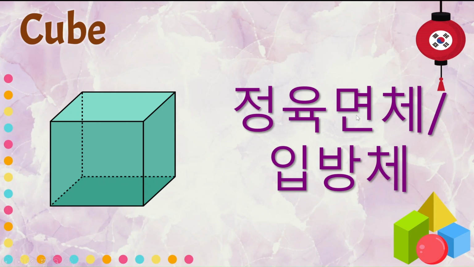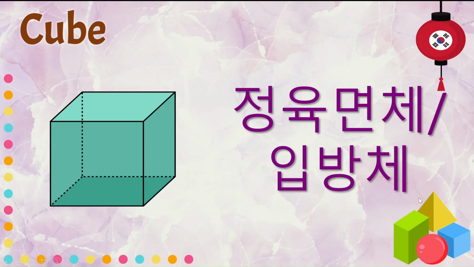So 6 sides or 6 faces. So a shape like that is cube. So the logic behind this is, remember, 육면. 육면 means a shape with 6 sides. So cube is 정육면체. Or another word for cube is 입방체.